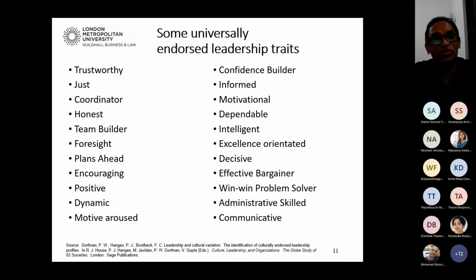Motive aroused: most good leaders are very much motive aroused, because the driving force for leaders is the motive. Then confidence builder, builds confidence within the followers. Well informed, knowledgeable. Motivational, motivates the others. Dependable, you can depend on them. If they say a word, that's a word. Intelligent. Then excellence oriented, always looking to achieve excellence. Decisive, that means takes decisions.